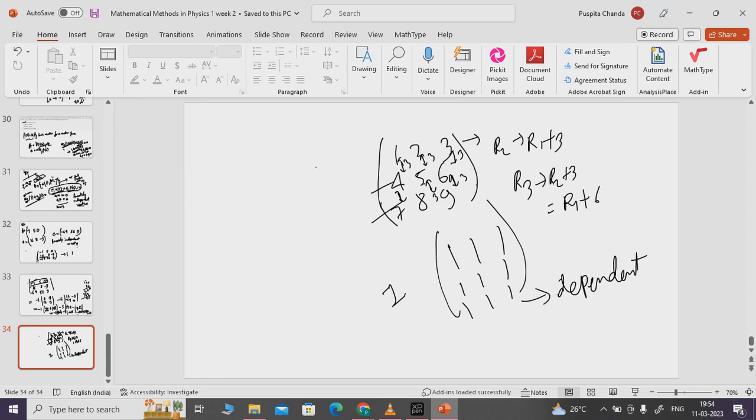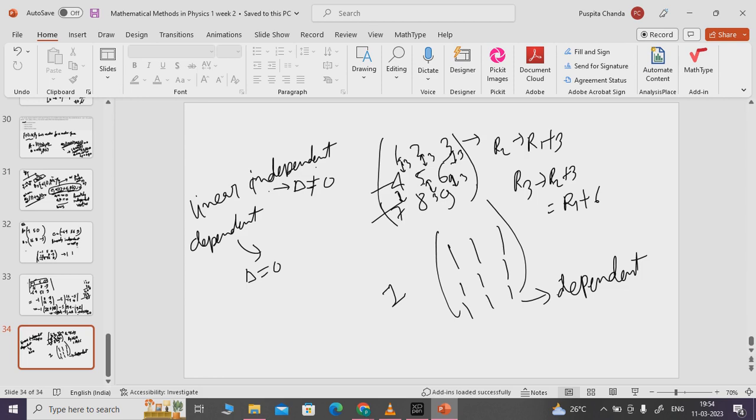So always the rule is dependency, whether it is linearly independent or dependent. This will give determinant not equal to 0, and this will give determinant equal to 0.